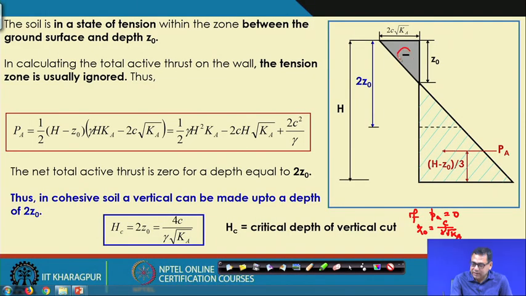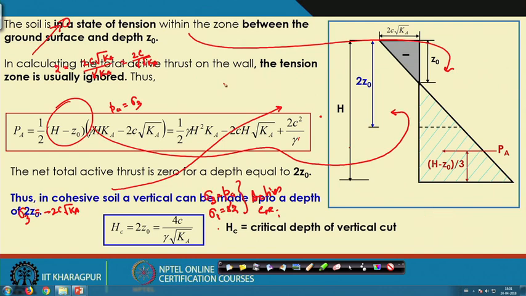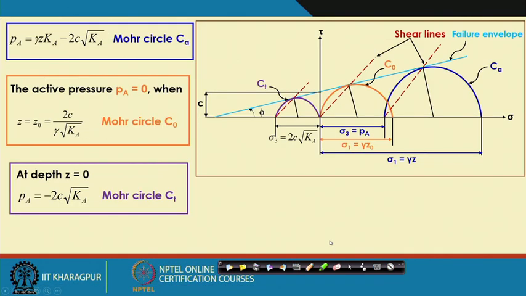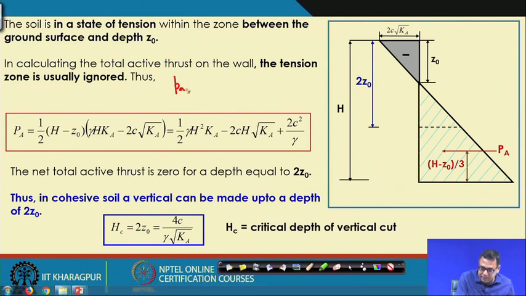Above this z_0 your earth pressure is negative, because we have the minus C term. The actual expression is P_A equal to gamma z K_A minus 2C root K_A. You can write small a or capital A.